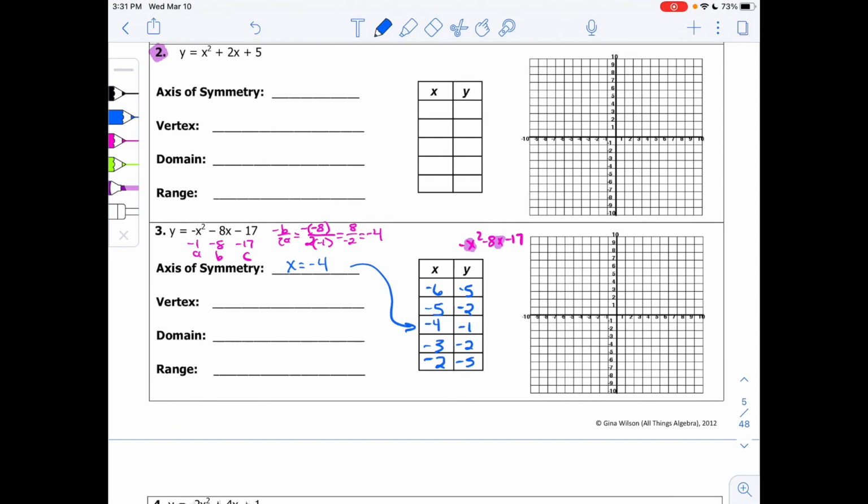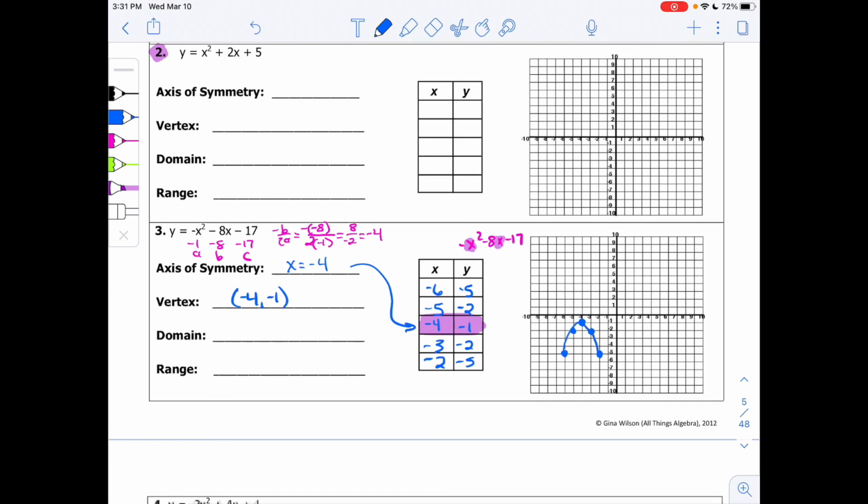So this is a little bit different than we did number 1. My vertex is the middle of the table, so my vertex is the point (-4, -1). Now I can graph all of these points, starting with that vertex, (-4, -1), then (-6, -5), (-5, -2), (-3, -2), and (-2, -5).